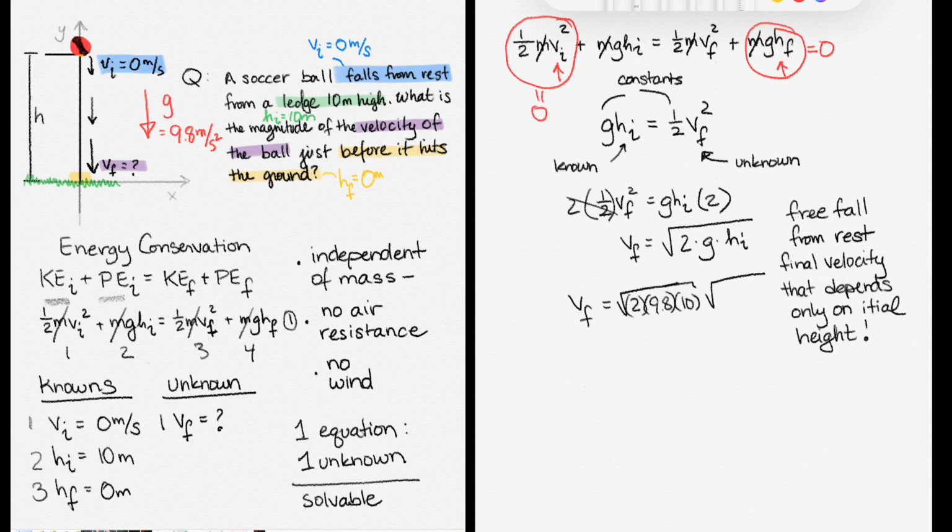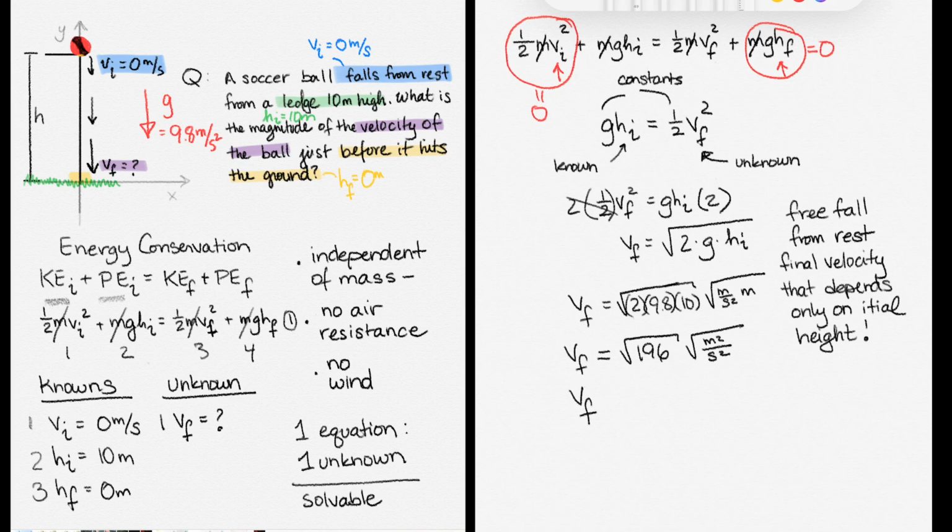We have no units for 2. We have meters per second squared as the units for gravity, and meters as the units for the height. And this equals the square root of 10 times 9.8, which is 98, times 2 is 196. And meters times meters is meters squared divided by second squared.